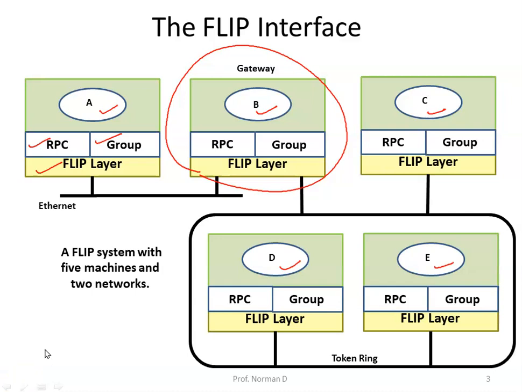All low-level communication in Amoeba is based on FLIP addresses. Each process has exactly one FLIP address, which is a 64-bit random number chosen by the system when the process is created. If the process ever migrates, it takes its FLIP address with it.